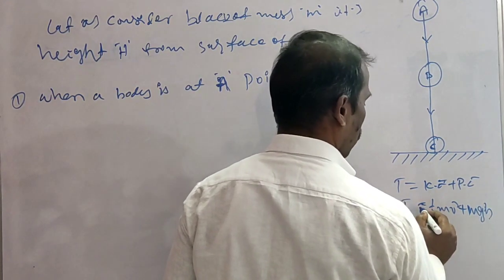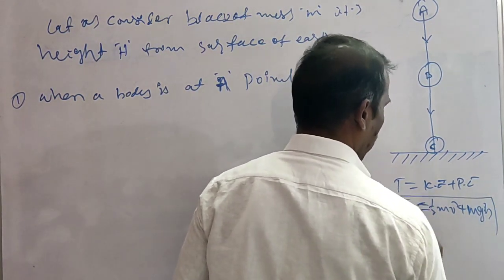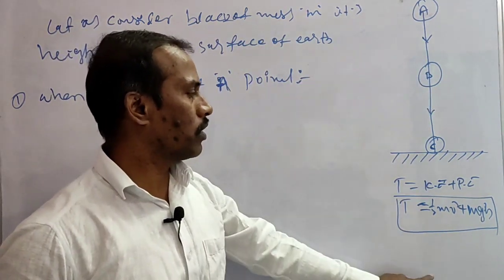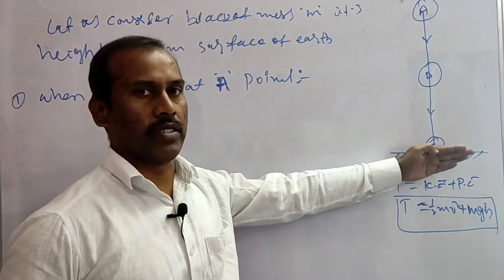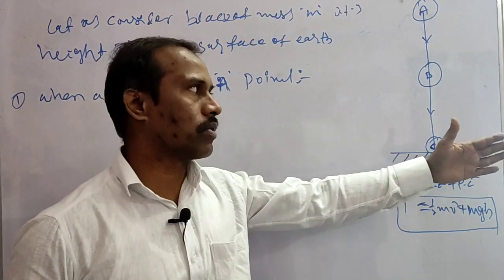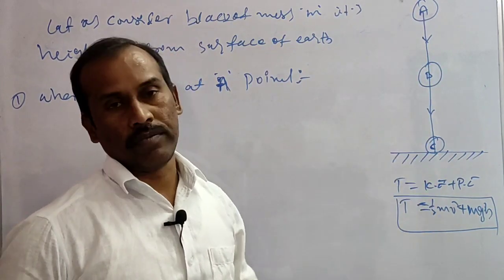This is the total energy, that is equal to the mechanical energy. The total energy at point A, at point B, at point C is constant, we prove the total energy is constant at every point A, B, C in its path.